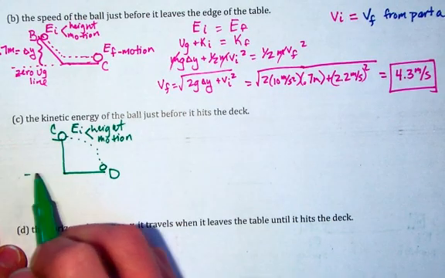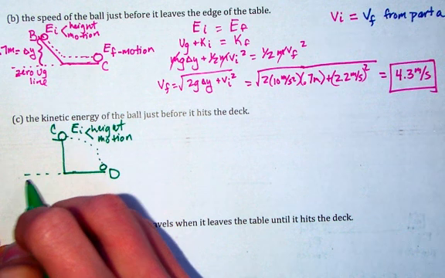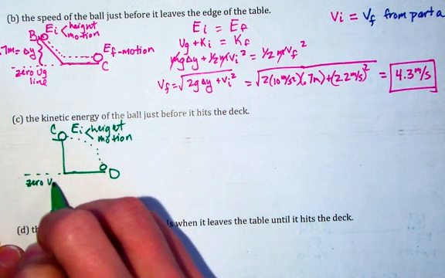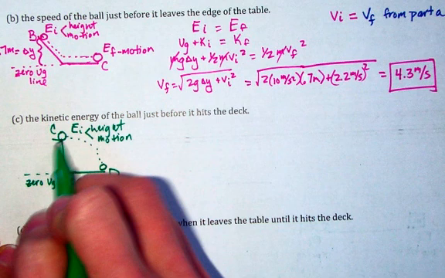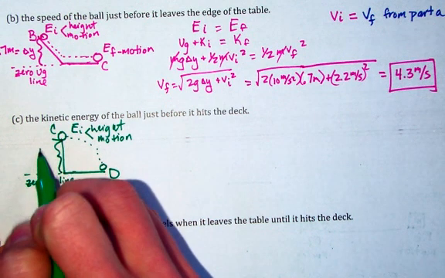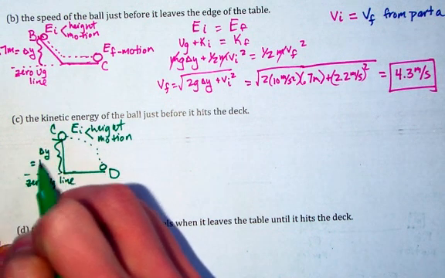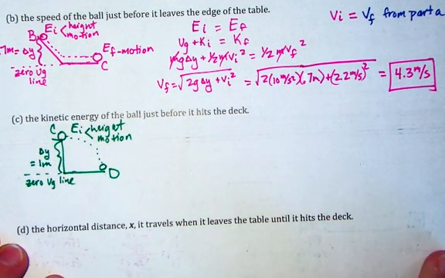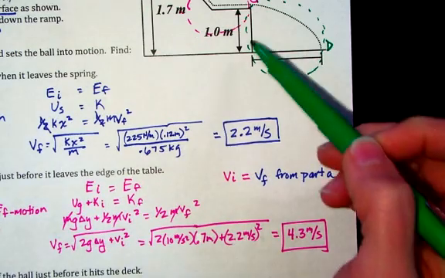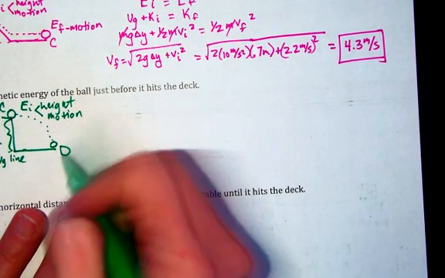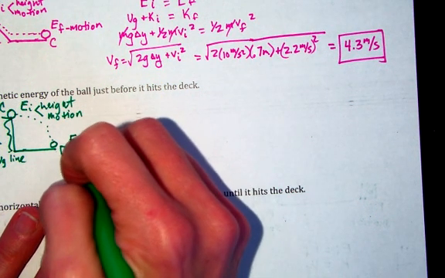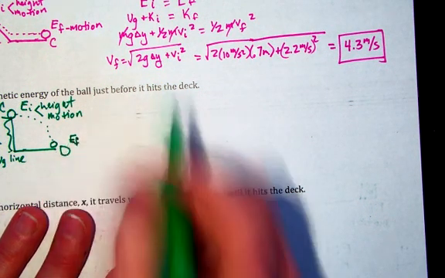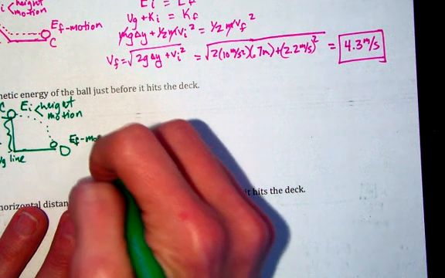Yep, it's on the ground with D. So this is my zero gravitational potential energy line, which makes this distance, delta Y, equals 1 meter. Okay, we know that because it's given in the problem. Okay, so we have that. How about at D, what do we have? Just motion. So my final energy just has motion.